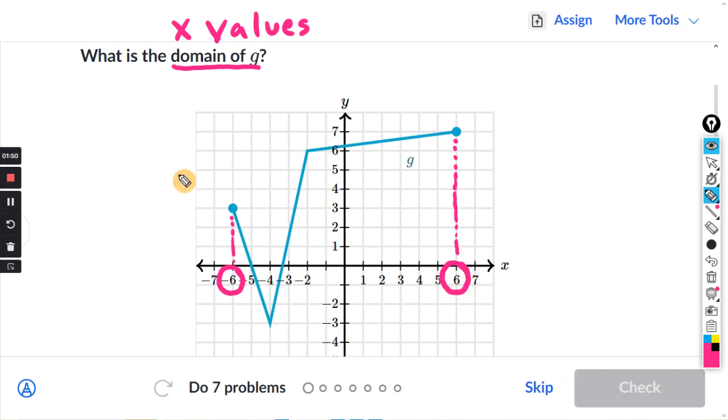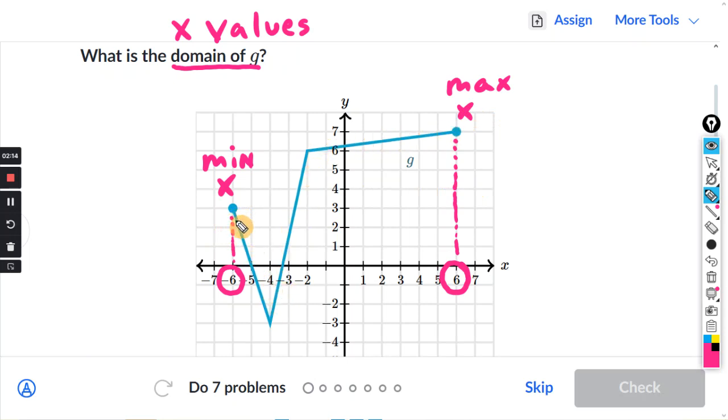So in terms of left-right, this one here is the minimum x value, and this one right here is the maximum x value. And like I said, it's continuous. It includes all of the x values in between.